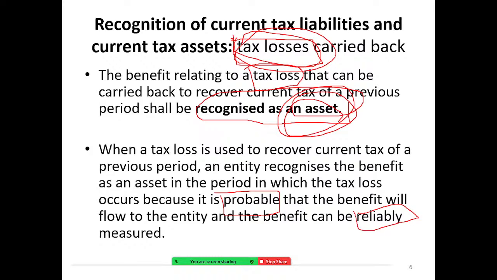From that period onwards, it should be recognized as a current tax asset. It can be kept until it is fully recovered against tax payable in future periods.